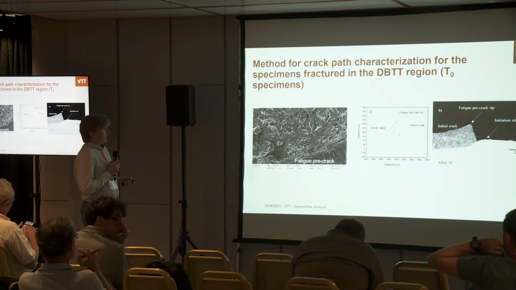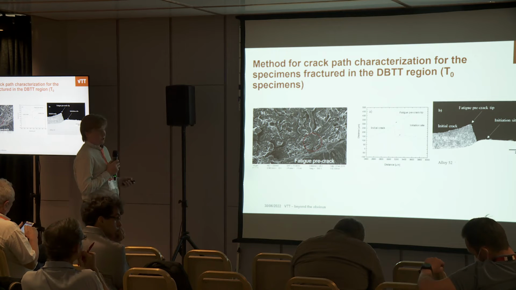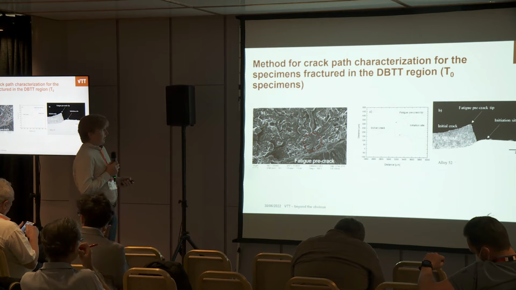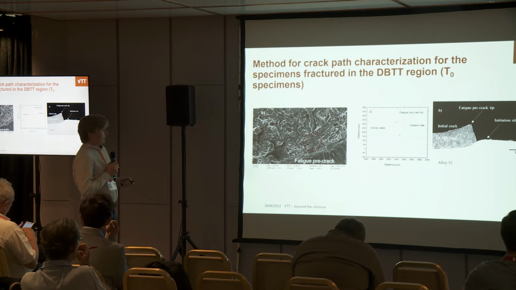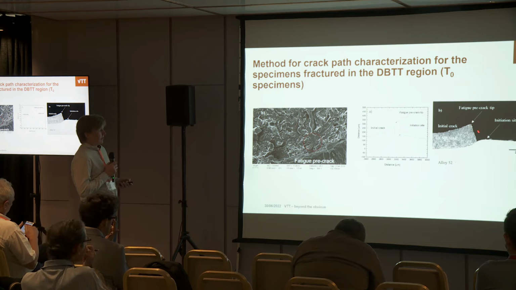As I showed you earlier, there's this jump, which is typical behavior for all of these specimens. This way we were able to characterize the distance between the fusion boundary and the crack tip. So we got two distances which we will use later on in the assessment.